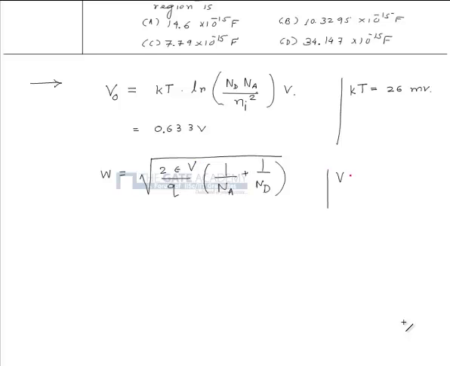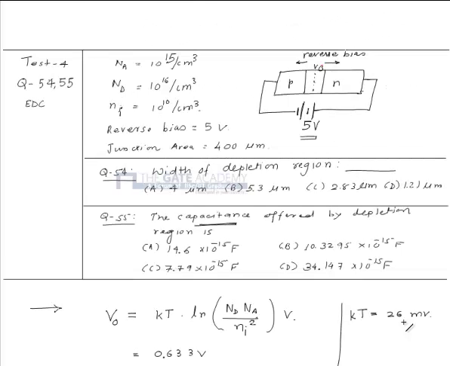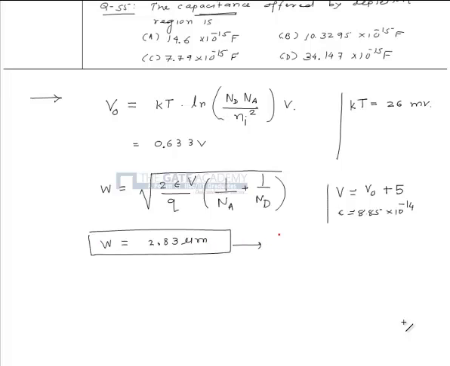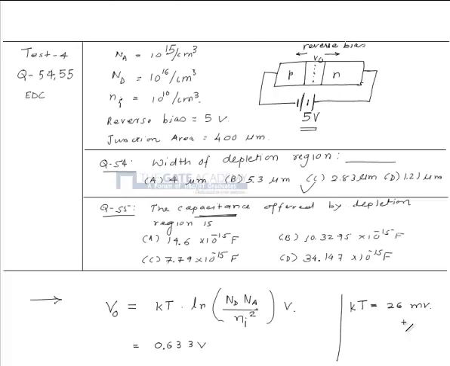Here V is V0 plus reverse bias voltage 5 at this time, and epsilon is 8.85 into 10 raised to minus 14. So if you substitute all these values, you get 2.83 micrometer. This is the width of the depletion region. So this is answer number C.